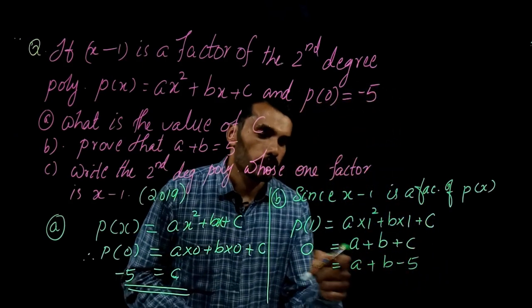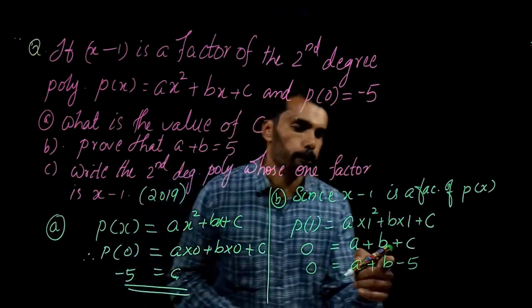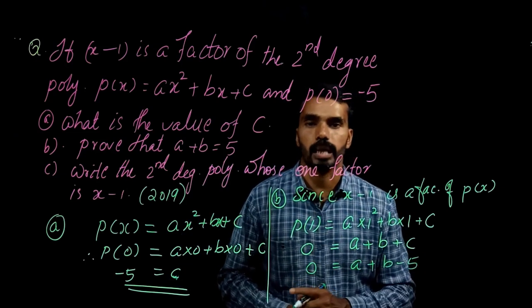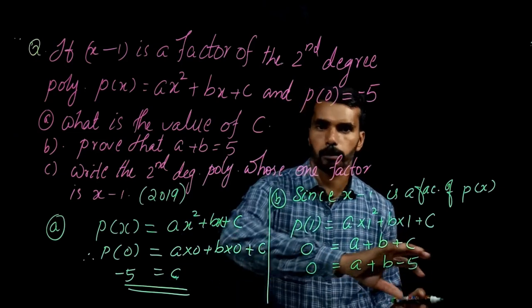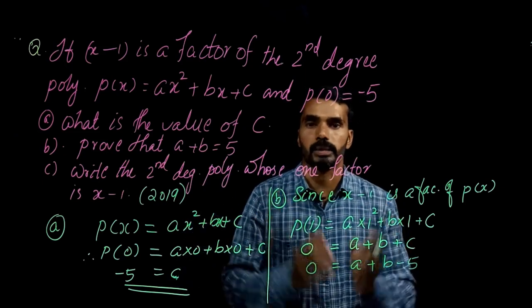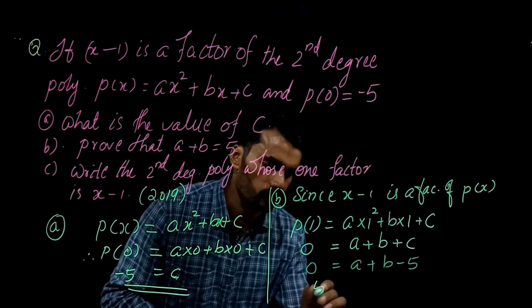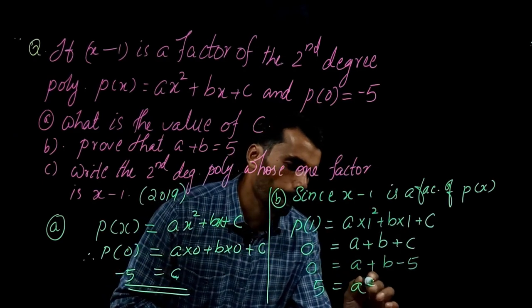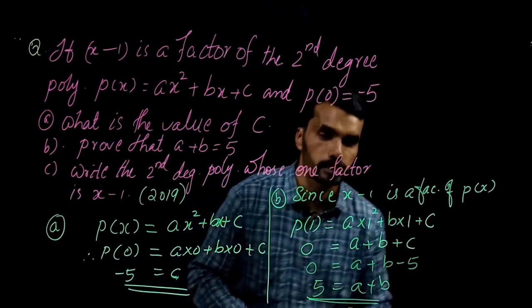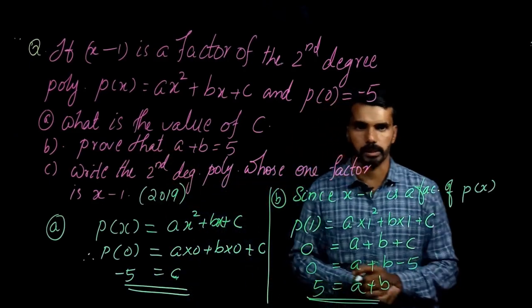So 0 is equal to a plus b minus 5. So take this minus 5 to the left side of the equal to sign. That is 5 is equal to a plus b, or a plus b is equal to 5. This is the answer for the second question.